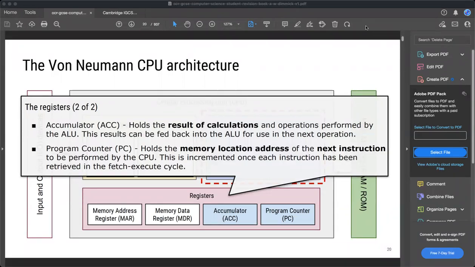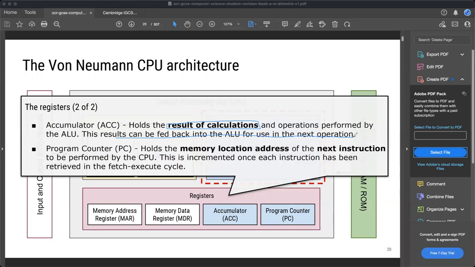Accumulator. The other two registers are accumulator and program counter. I already told you about the accumulator. Accumulator works with the results of calculation. Whatever you perform in the ALU, the results will be stored in the accumulator.